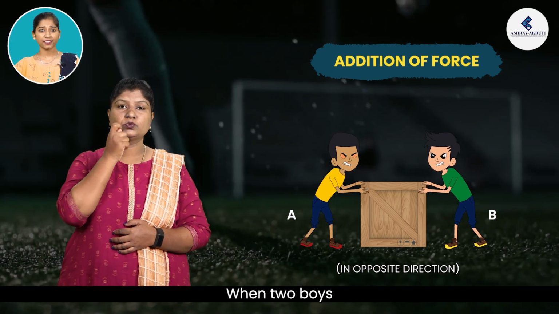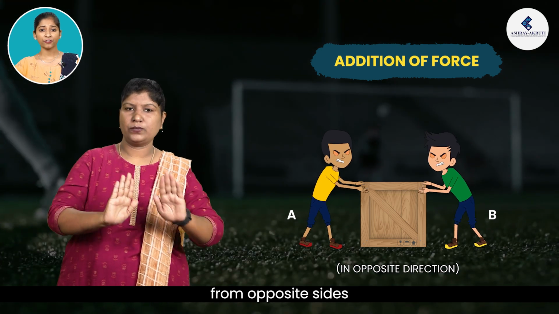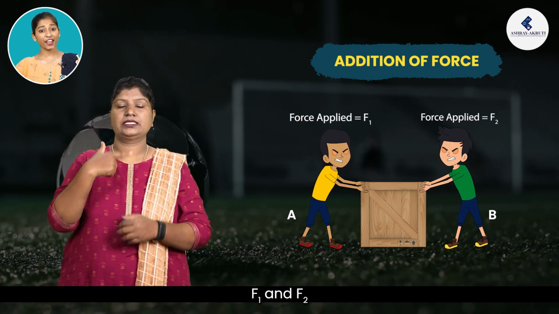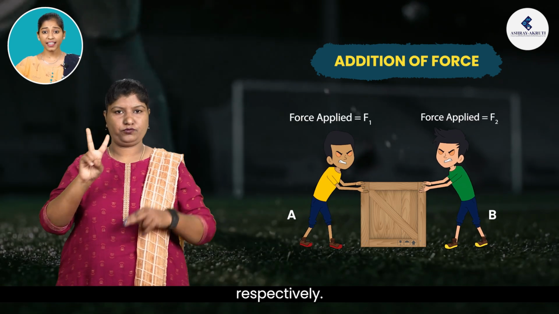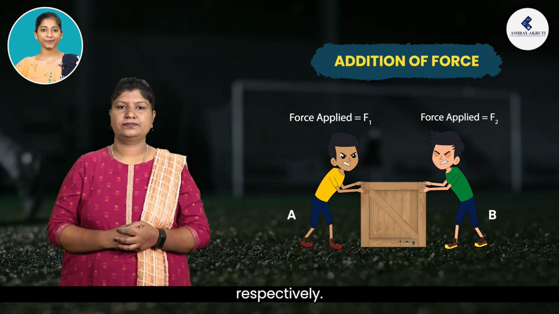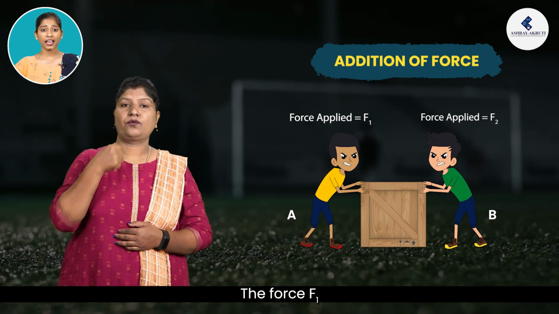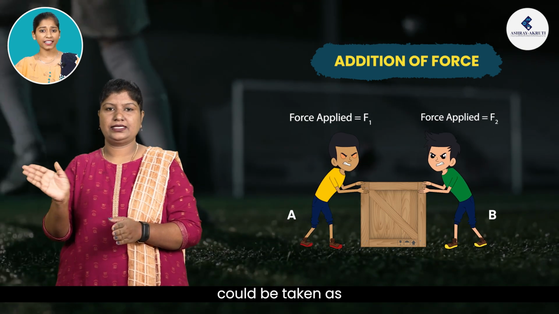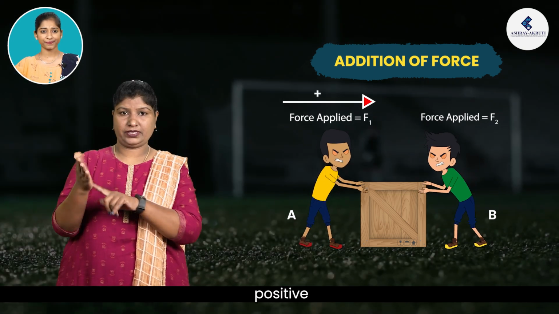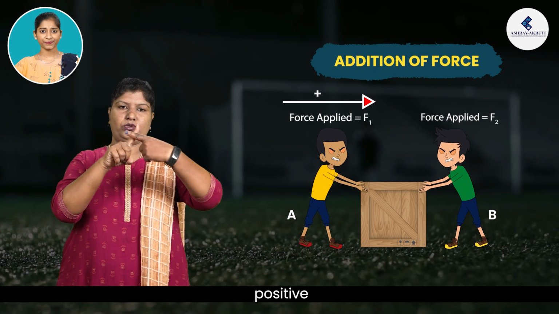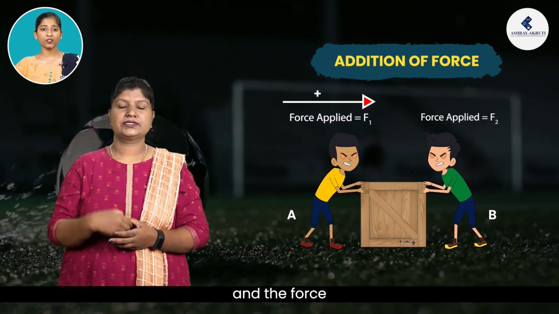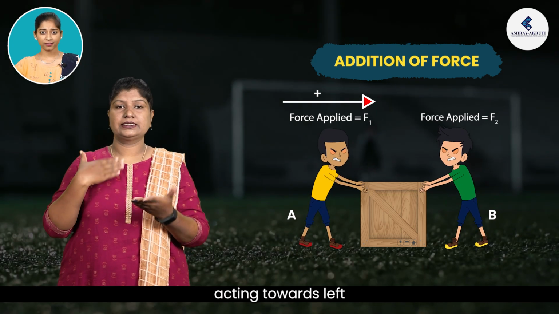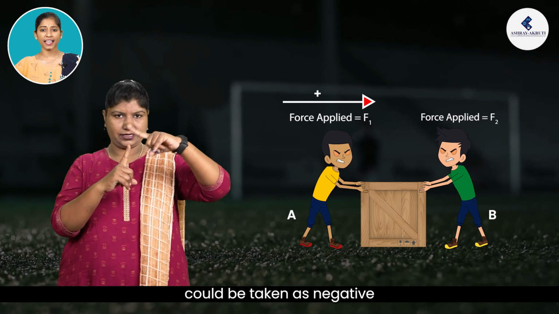When two boys push the table from opposite sides with the forces F1 and F2 respectively, the force F1 directed towards the right could be taken as positive, and the force F2 acting towards the left could be taken as negative.